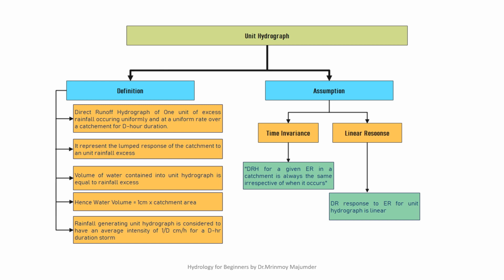So unit hydrograph can be defined as a direct runoff hydrograph or DRH of 1 unit of excess rainfall occurring uniformly and at a uniform rate over a catchment for d-hour duration.